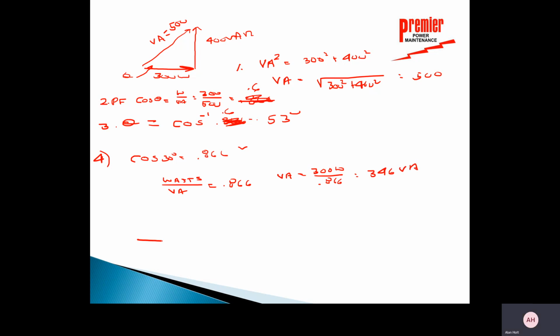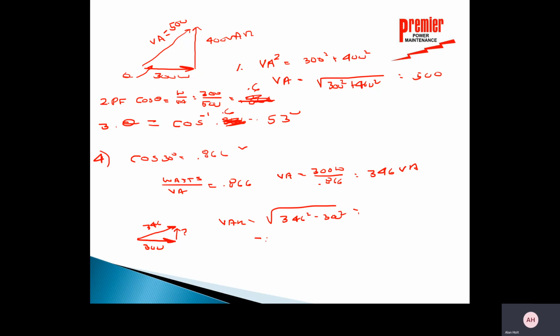So my power triangle now looks like 300, 346, and an unknown. But I know that unknown, the VARs, is equal to the square root of 346 squared minus 300 squared.